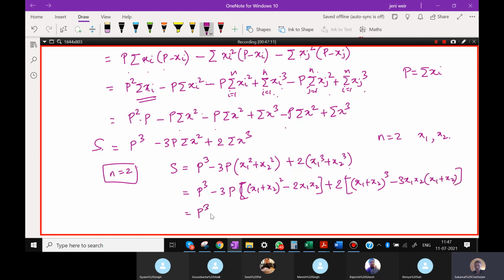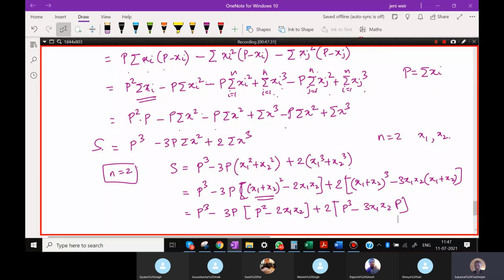So this is p cube minus 3p. This is p. So the p square minus 2 into x1 x2 plus 2 into p cube minus 3x1 x2 into p.